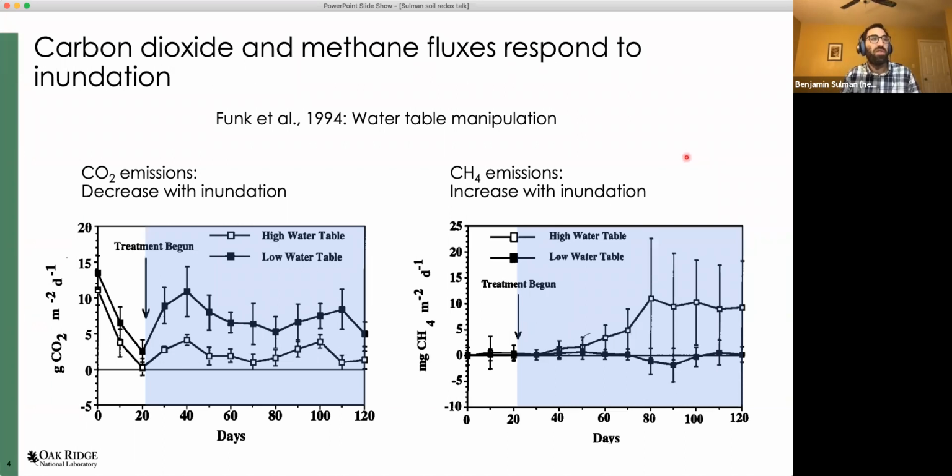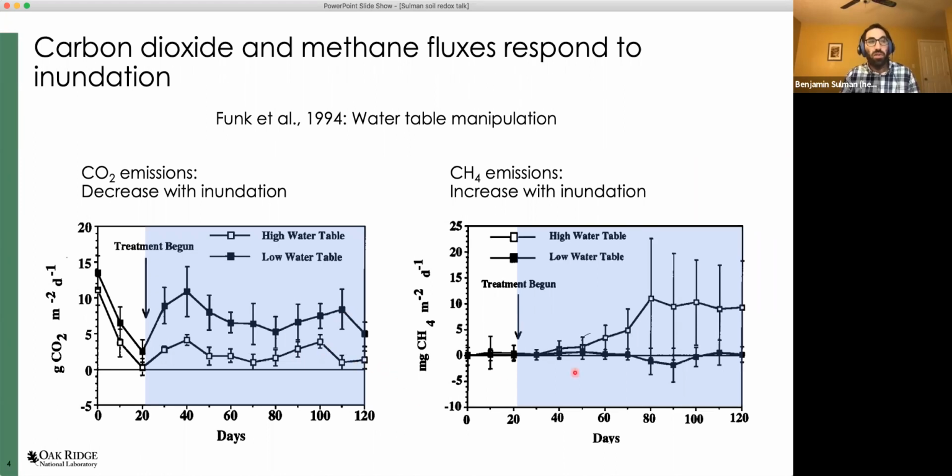Here's one example of an experiment which shows our starting point for understanding these processes. The expectation generally is that when a soil is inundated, you have less oxygen penetration into that soil. Because aerobic decomposition requires oxygen, under high water table conditions in these white symbols, you have a decrease in CO2 fluxes.